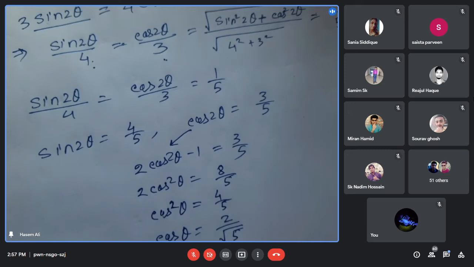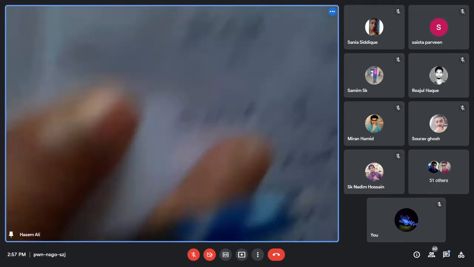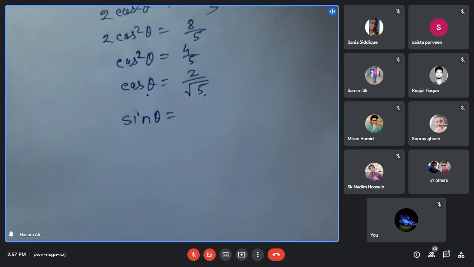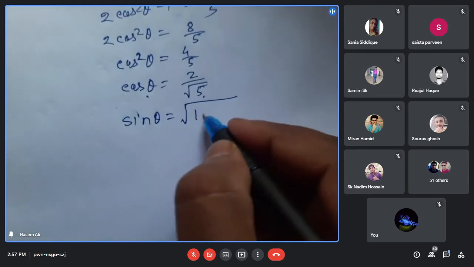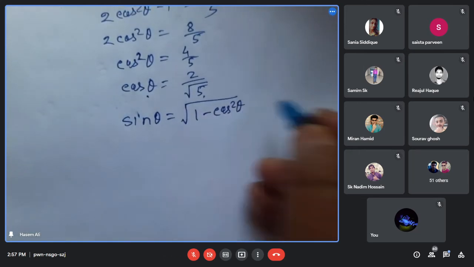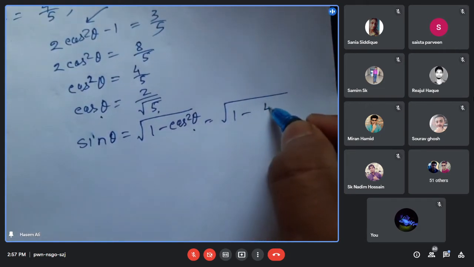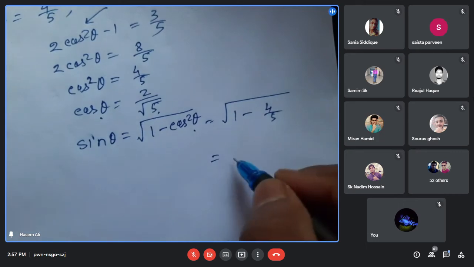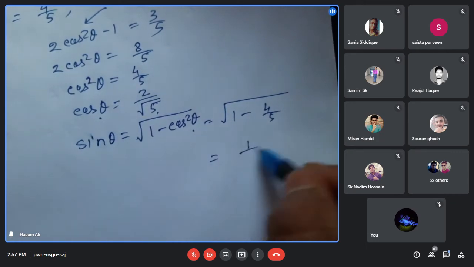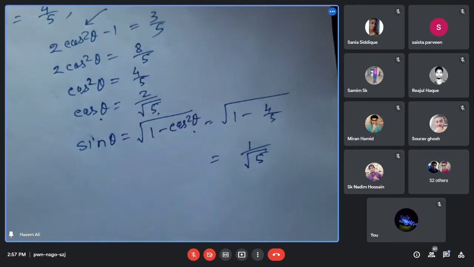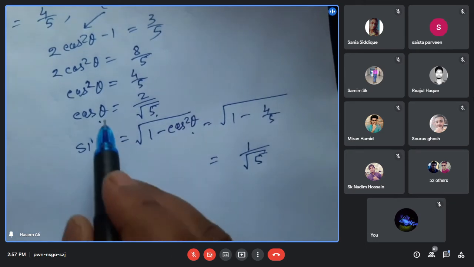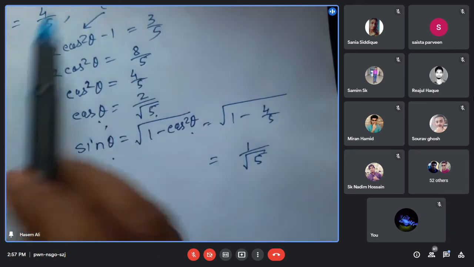And since cos theta equals to 2 by root 5, we have sin theta equals to root over of 1 minus cos square theta, that means root over of 1 by 5, so 1 by root 5. So these are the values of sin theta, cos theta, and sin 2 theta, cos 2 theta.